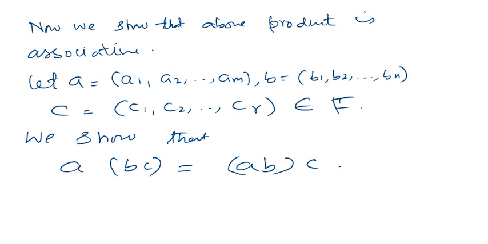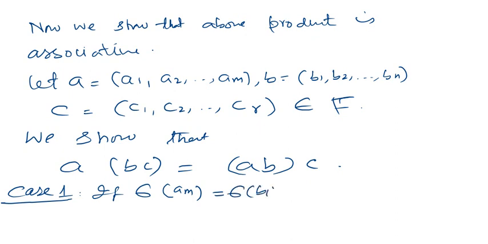So first we assume that index of AM is same as index of B1, and index of Bn is same as index of C1. So case 1, if index of AM is equal to index of B1 and index of Bn is equal to index of C1.